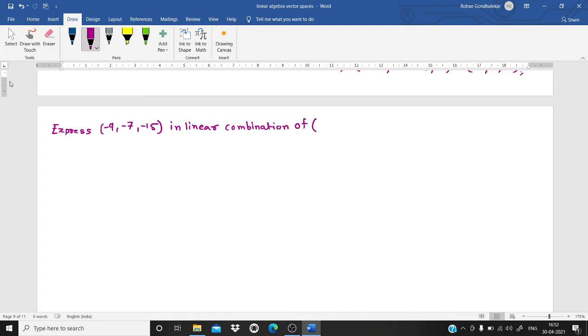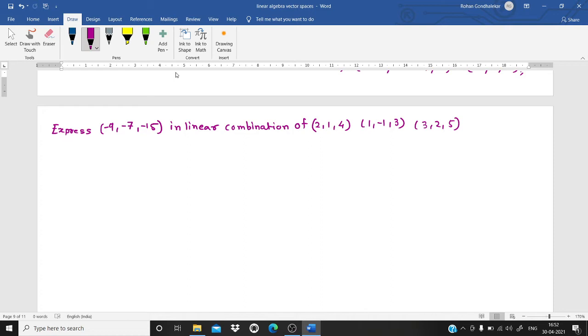of the set of vectors. The first vector is (2, 1, 4), then (1, -1, 3), and (3, 2, 5). So we need to express it as a linear combination of these three vectors. Then how will you proceed? It's very simple.